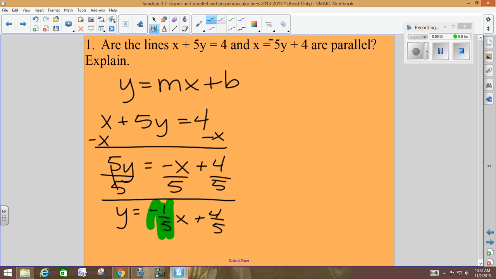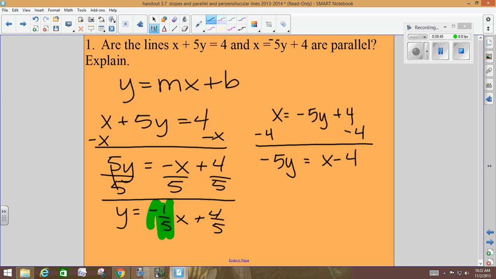Now I have to find the slope of my other line. X equals -5y plus 4. Is this standard form? No, because I don't have x and y both on the left side. How are we going to solve this for y? Subtract 4 to the left side. Are you okay with me rewriting this then as -5y equals x minus 4? Then what do I have to do?